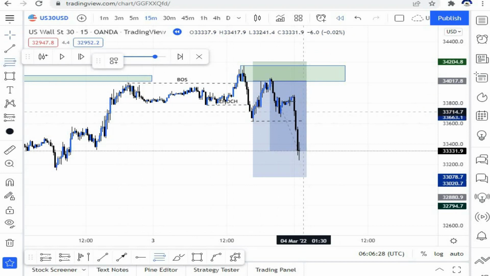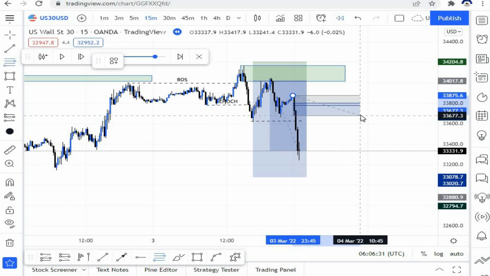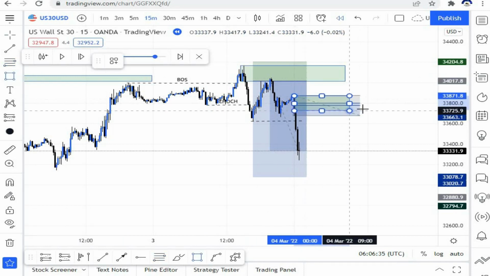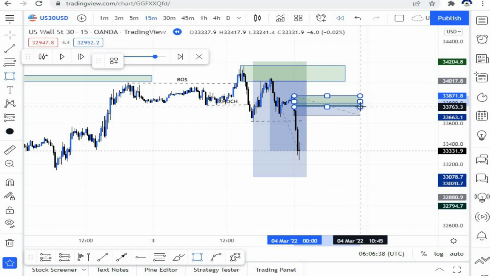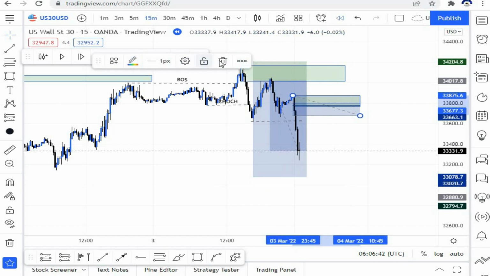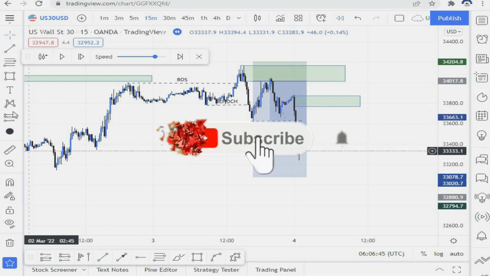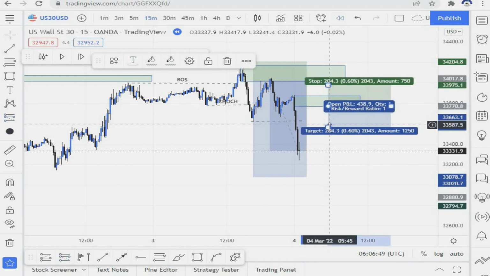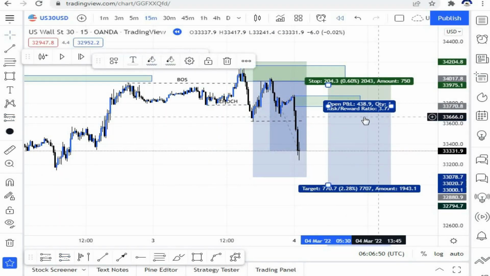So the last candlestick is this one. As you can see, you can use the premium zone area, something like this, and here is going to be your second entry because the price have taken out the structure.